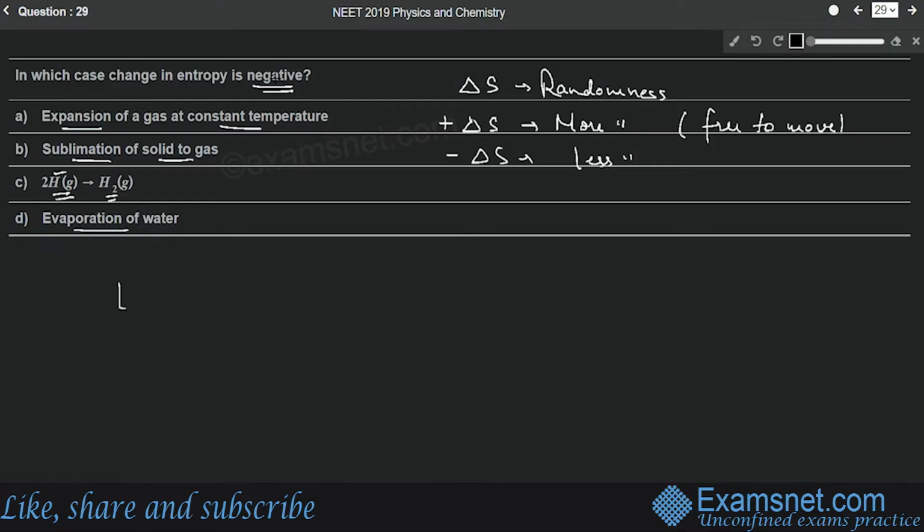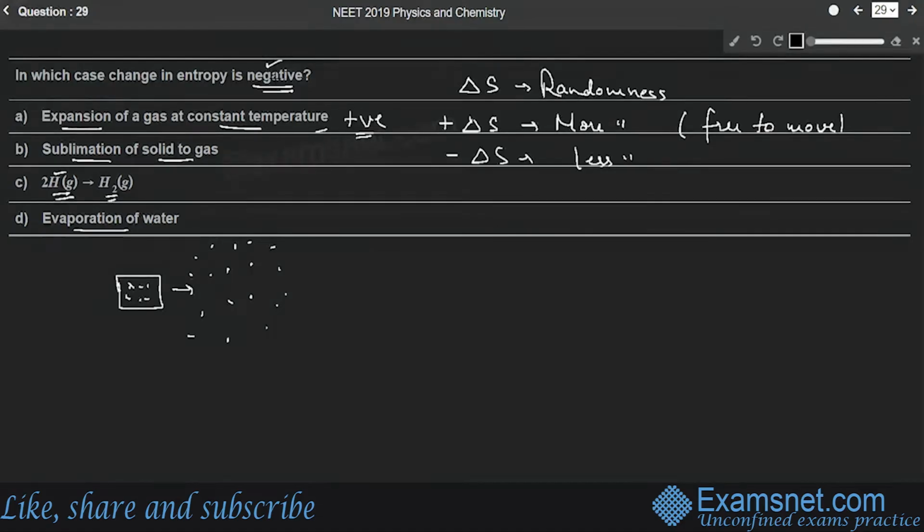So suppose we have a gas in this volume. Now if it expands, the same gas will be available in a larger volume. So there will be more space between the particles. So obviously the randomness will increase. The particles will be able to move freely, right? So increase in randomness will lead to positive entropy change, that means positive delta S. So this is not negative. We have to find out the negative, right?